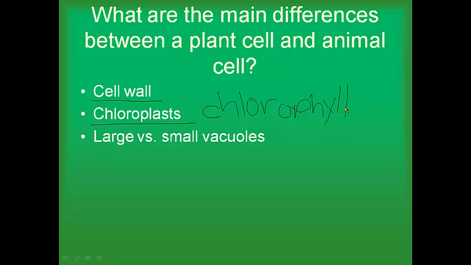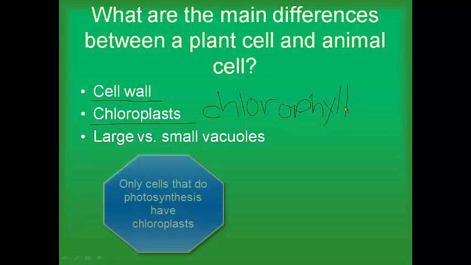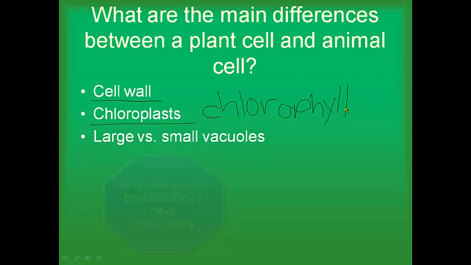Now, not all plant cells have chloroplasts. For instance, a root cell, which is in the root of a plant, is underneath the ground. It never sees the light of day, and therefore it doesn't need chlorophyll because it never gets any sun. So those cells down there in the roots don't contain any chloroplasts. Fruit cells don't contain chloroplasts because they're not making basically any energy or any food for the plant.